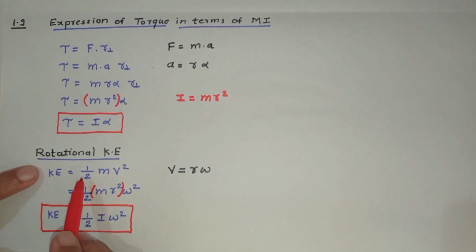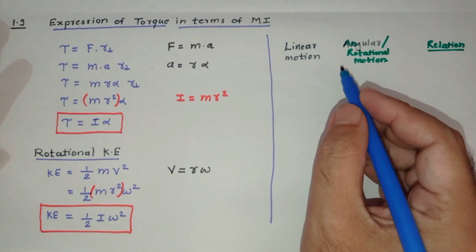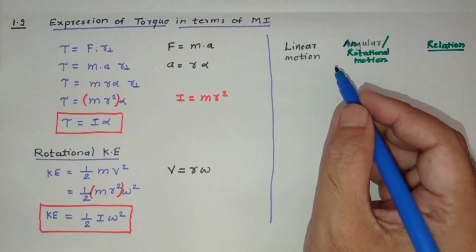Linear kinetic energy is half m v square. Rotational kinetic energy is half I omega square. I is moment of inertia, omega is angular velocity. Now we'll revise what we have covered in this topic.